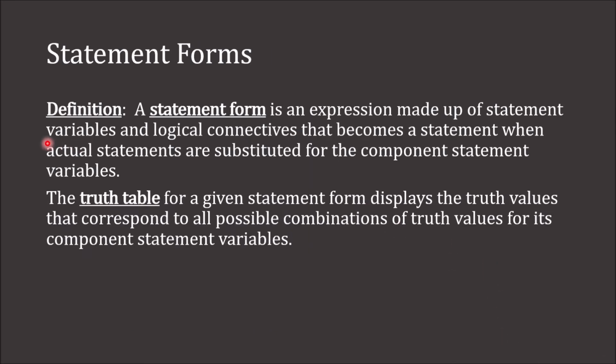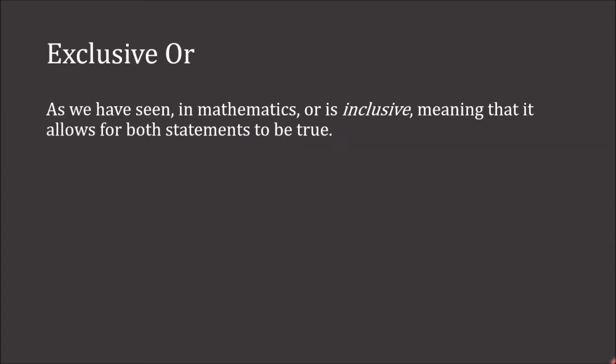And as we just saw, the truth table for a given statement form displays the truth values that correspond to all possible combinations of truth values for its component statement variables. And as I've just mentioned, in mathematics, we use OR in the inclusive sense, meaning that it allows for both statements to be true.